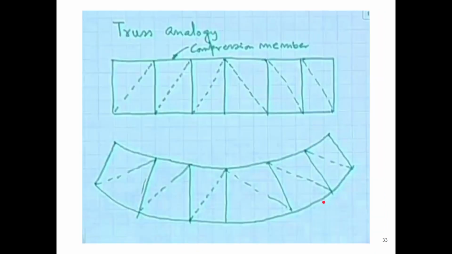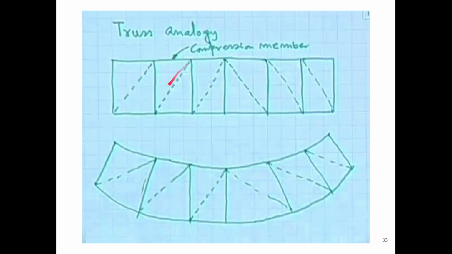If you try to analyze a truss, you will see that these members are mainly in compression, because it is trying to compress these diagonals, so that is always a compression member.